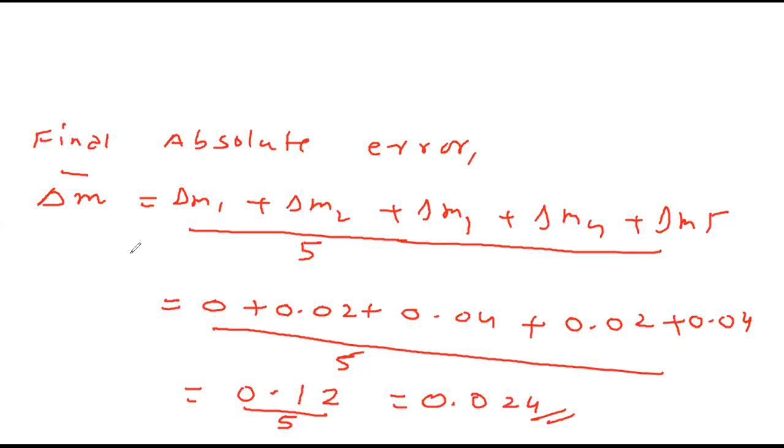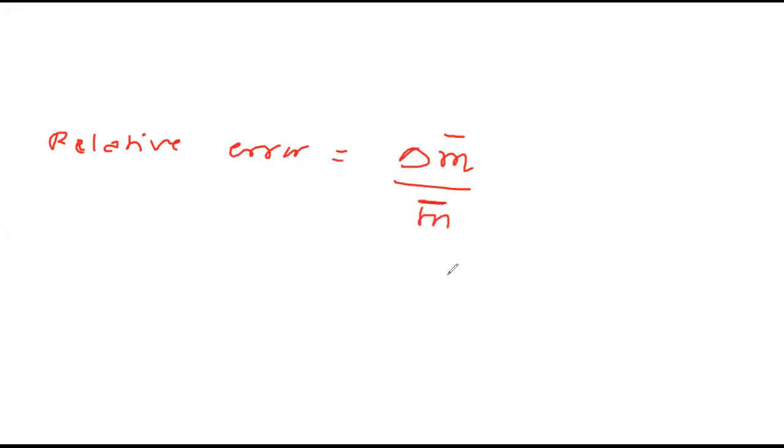Done, sir. Okay. Now we have done 3 calculations: most probable value, absolute error, final absolute error. Now relative error multiplied by 100 will give you percentage error. Relative error is equal to the ratio of final absolute error and most probable value.